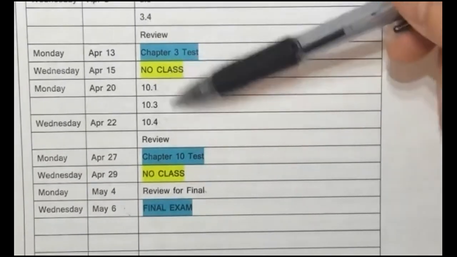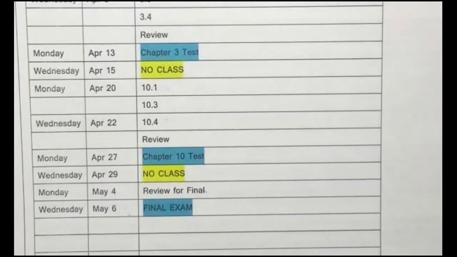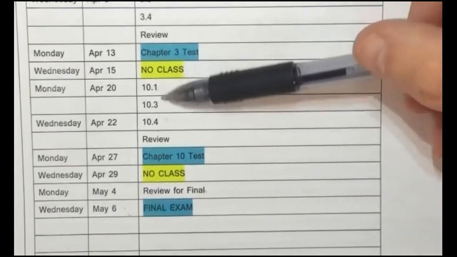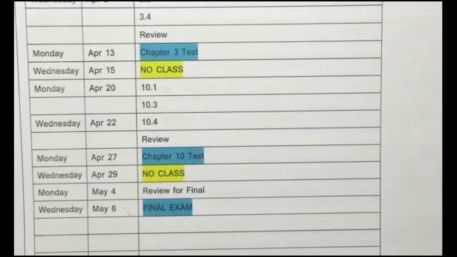The only thing that maybe won't be 100 is these tests, because you take those once. But all your classworks and homework assignments really should be 100. If you have a 95, it's probably not going to make that much of a difference on your grade. But if you have something where you have a 20 or a 0, you definitely want to get in there and get that done.